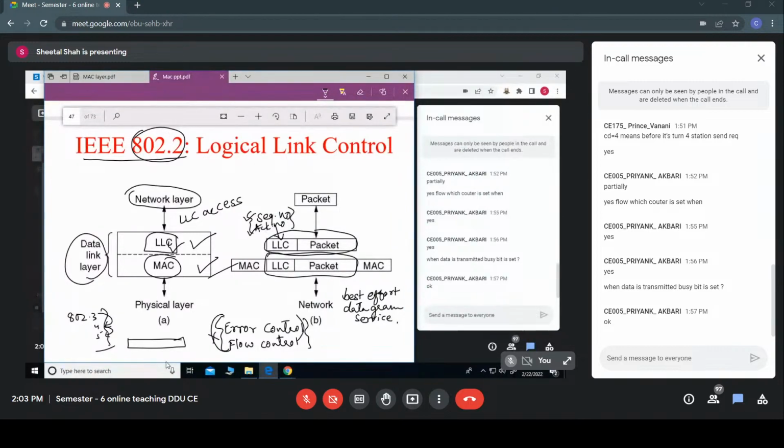Is it clear? So that's why the LLC, the logical link control layer, came into the picture. This LLC provides three different types of service. One is known as unreliable datagram service.